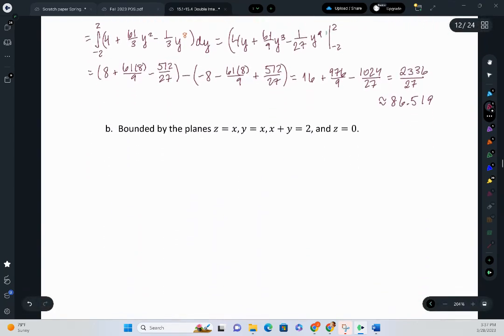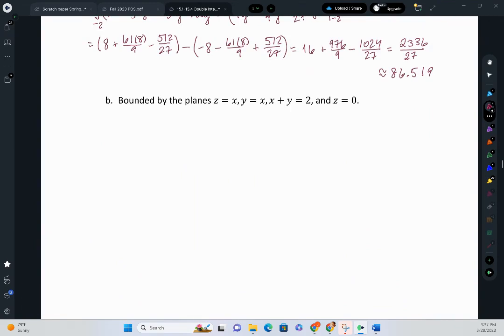All right, this one is really interesting because the region of integration is not obvious. And we like it to be obvious, but it's not. Okay, so they're telling us that we have to find the volume of a region that is bounded by the following planes: z equals x, y equals x, x plus y equals 2, and z equals 0.